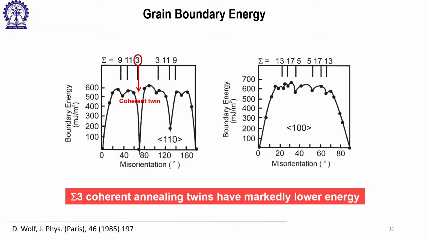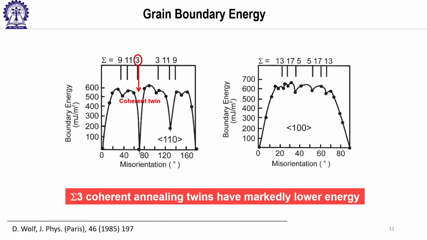The striking observation that one should make here: which boundary has the lowest energy? Sigma 3, right. It's not 0 by the way, it's very low, approximately 15 to 20 millijoule per meter square, whereas typical boundaries have 800, 1000 millijoule per meter square. So you can understand, it is about 40 times less.